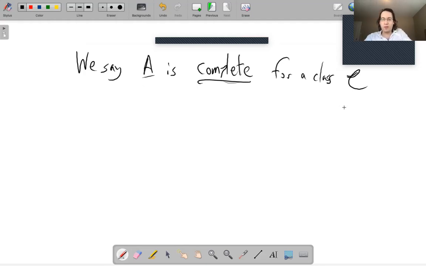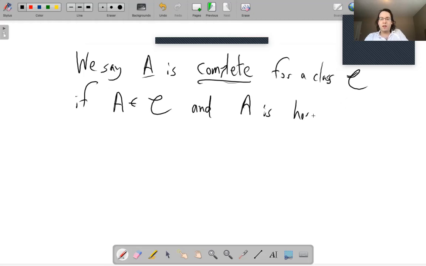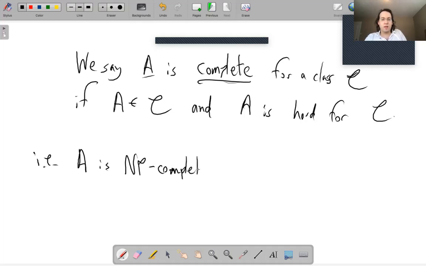So we say A is complete for a class C if A is in the class C and A is hard for C. In other words, A is NP complete if A is in NP and A is NP hard.